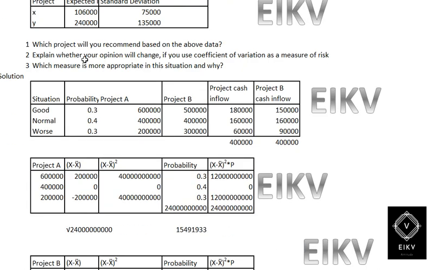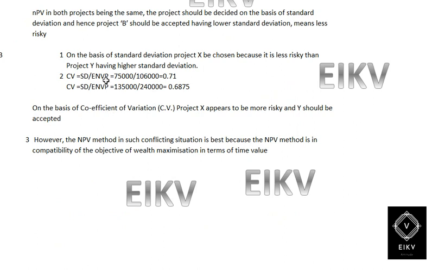Going ahead with the second question of second part, explain whether your option will change if you are using coefficient of variation. So the formula for coefficient of variation will be SD, that is standard deviation divided by expected value.